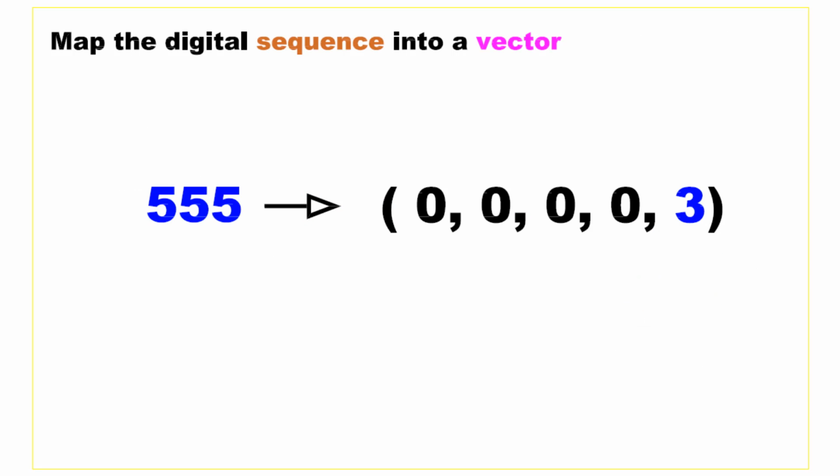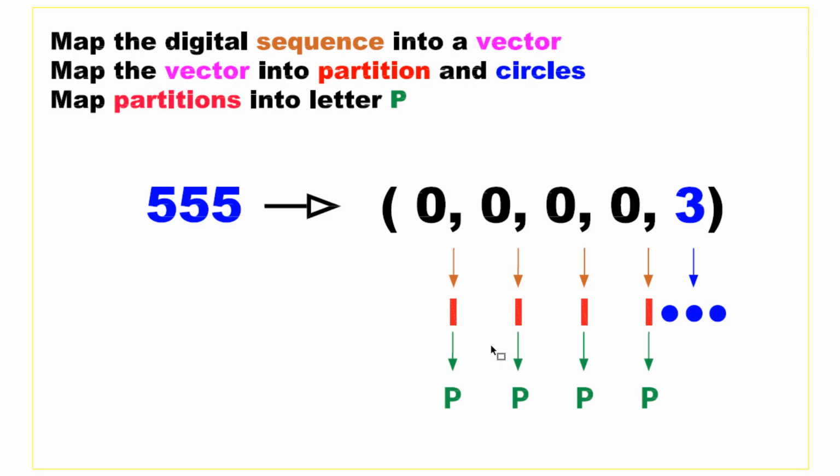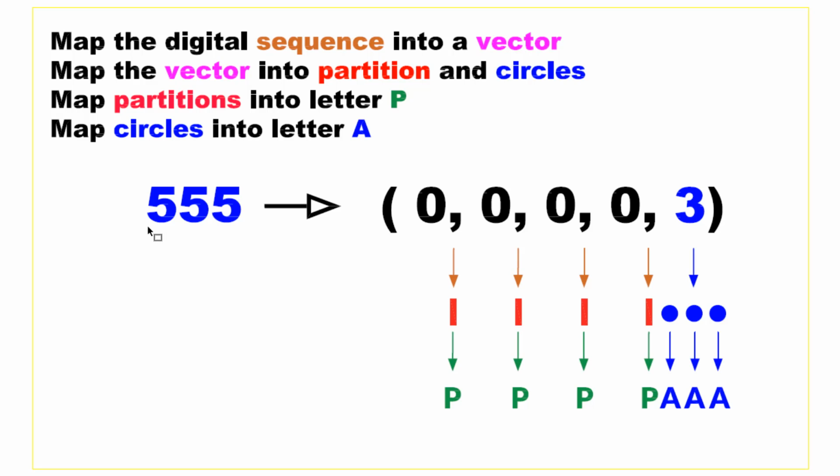So far we mapped the digital sequence into a vector. So this digital sequence is mapped into this vector here, and we mapped this vector into partitions and circles. Now we will map these partitions into the letter P, and we will map these circles into the letter A. So finally we map this sequence we want to count into an ordered word, and this word has the size of 7.